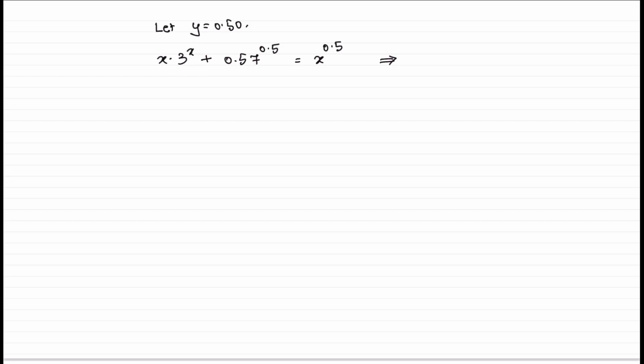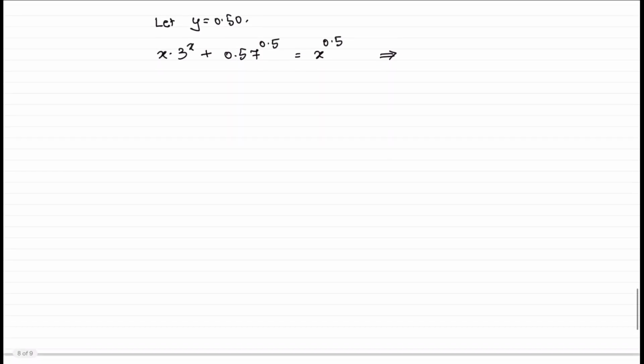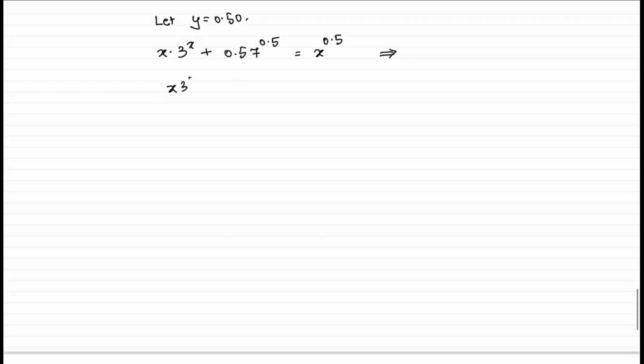Now you see, x into 3 to the power of x, that remains same. 0.5 into square root of 7, square root of x. Now, the maximum value that x can attain is 0.55.